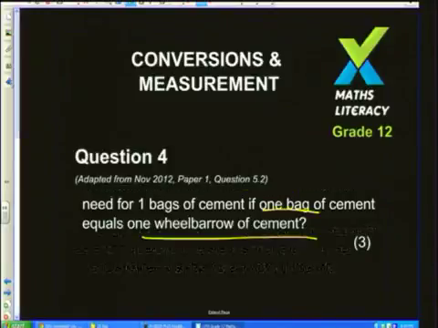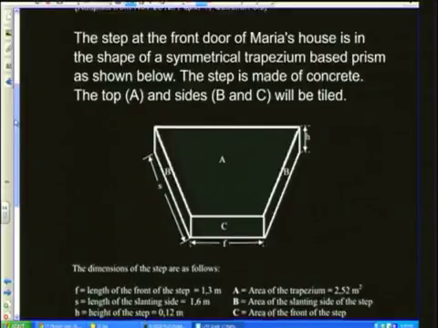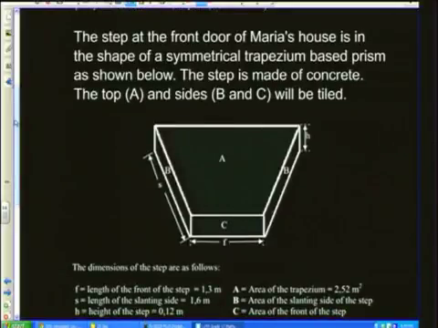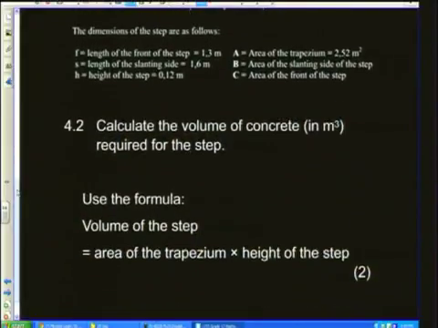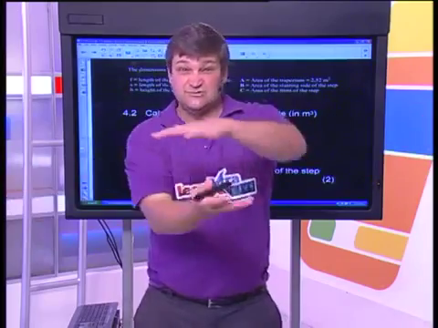Okay, next question, here we go. The step at the front door of Maria's house is in the shape of this trapezium. We're now asked to calculate the volume of concrete in meters cubed required for the step. In other words, we have this trapezium shape.